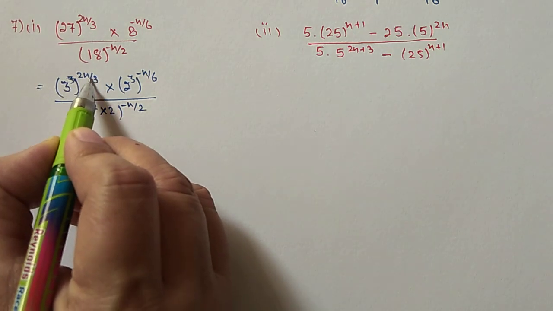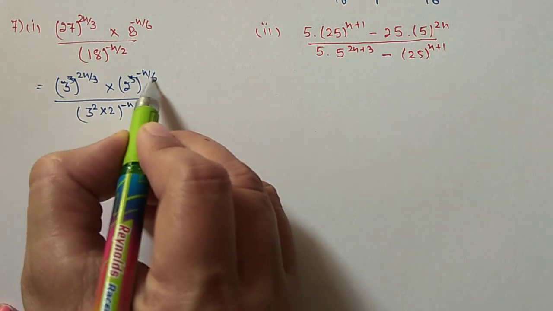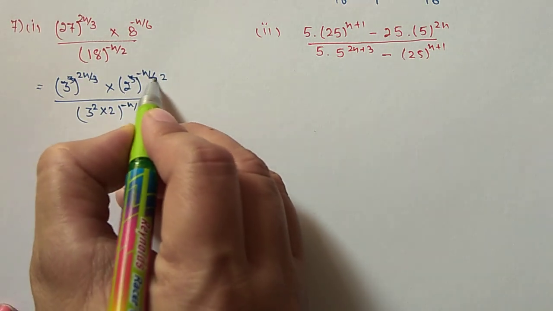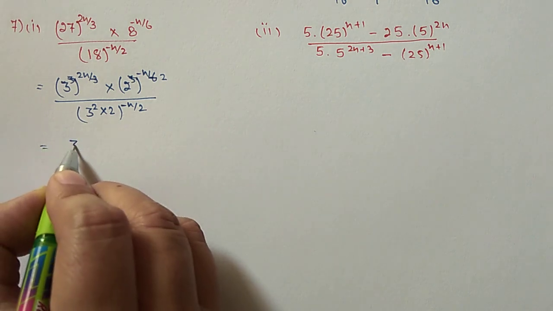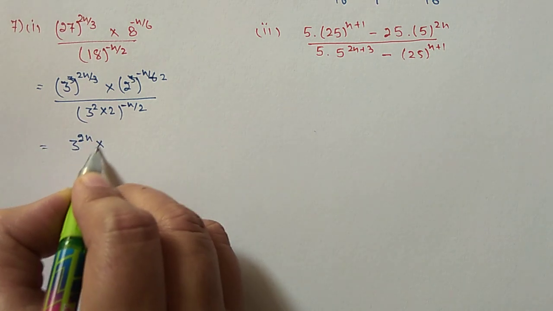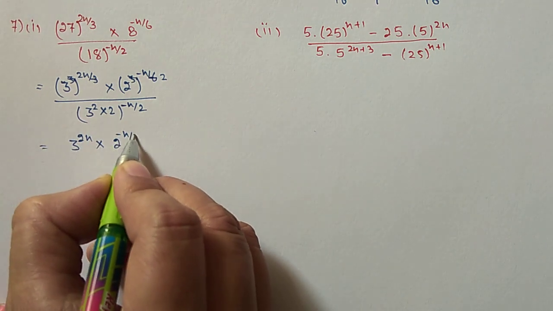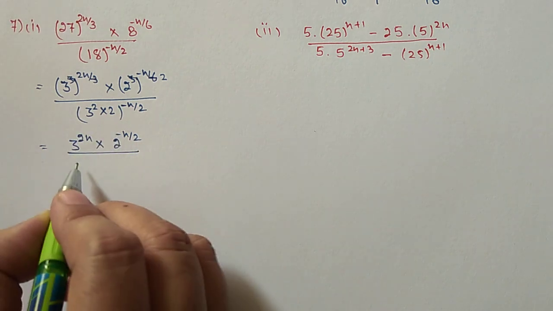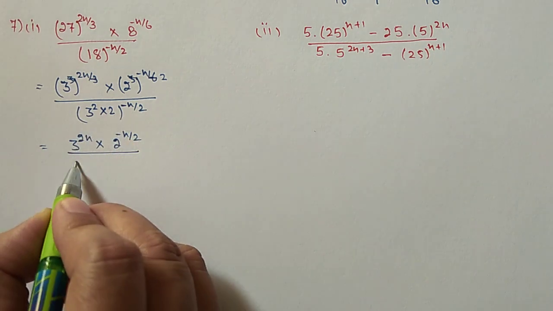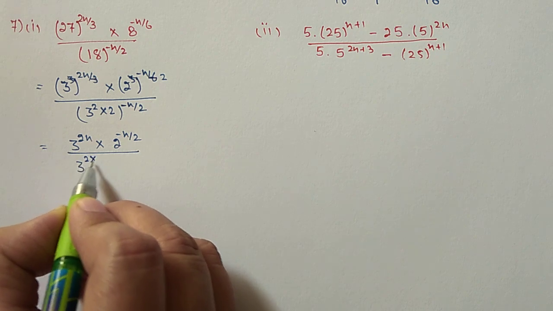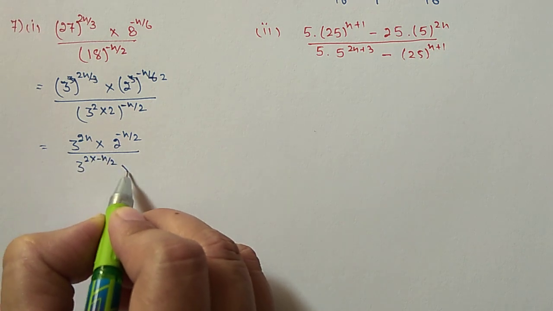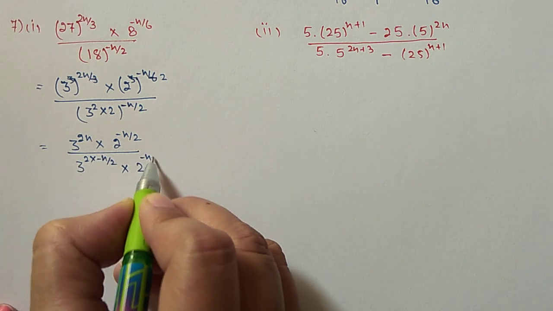This 3 and this 3 we can cancel out. 3 2 just 6 also we can cancel out. So we have 3 to the power 2n into 2 to the power minus n by 2, and in the denominator we can multiply the powers: 3 to the power 2 into minus n by 2 and 2 to the power minus n by 2.